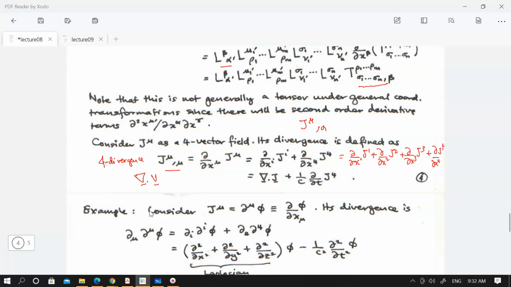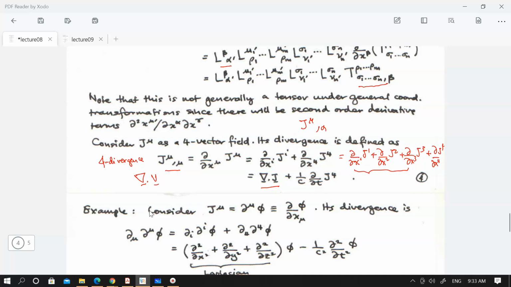And what does that correspond to? The spatial part is just your divergence in 3D. So I can write this as del dot j plus, for d dx4 here, remember we have to make it dimensionally correct, so you have 1 over c d dt j4.